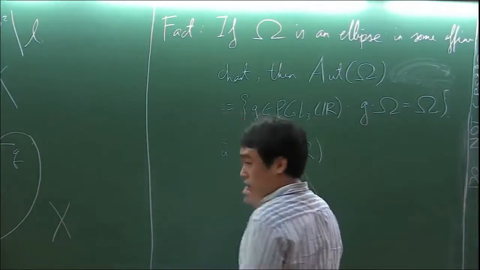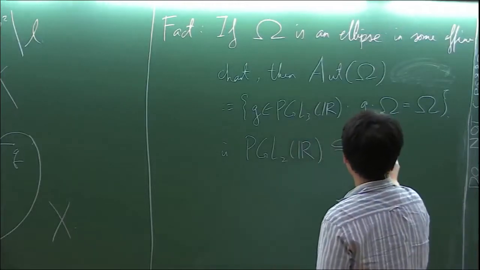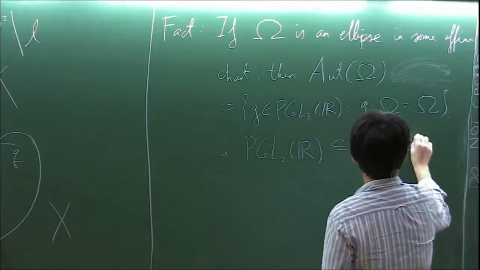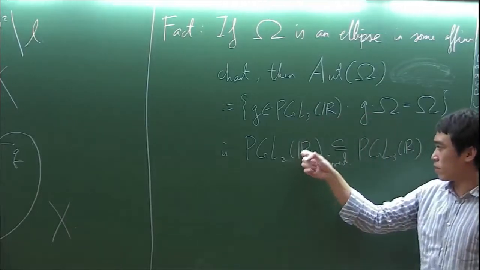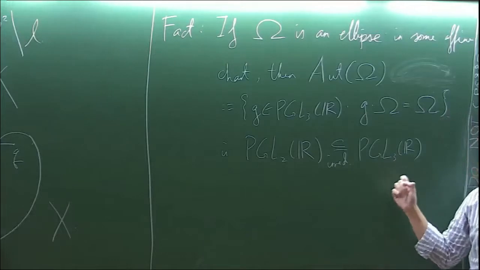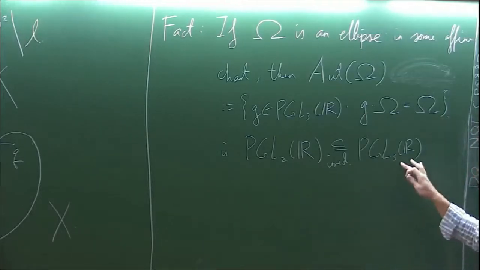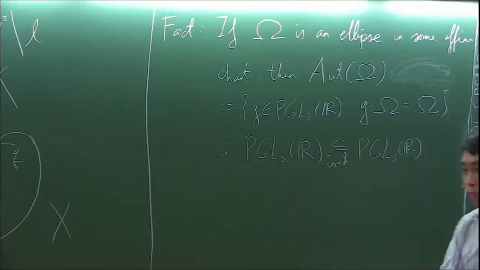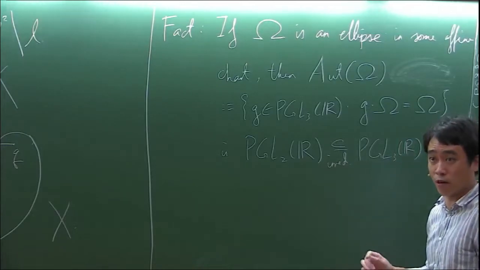And it's not any PGL2R, it's a PGL2R sitting inside of PGL3R irreducibly, meaning that this subgroup doesn't preserve any projective line inside of PGL3R, doesn't fix any point. And there is a unique such thing up to conjugation inside of PGL3R.